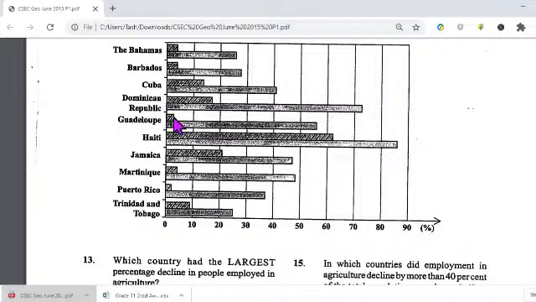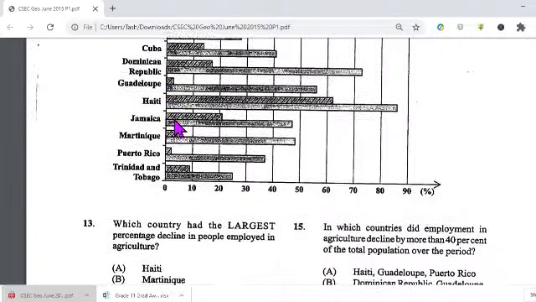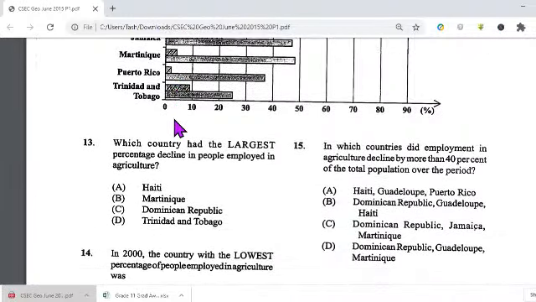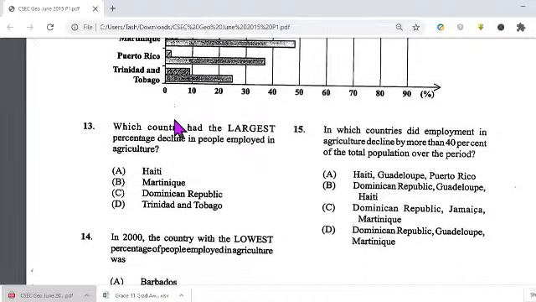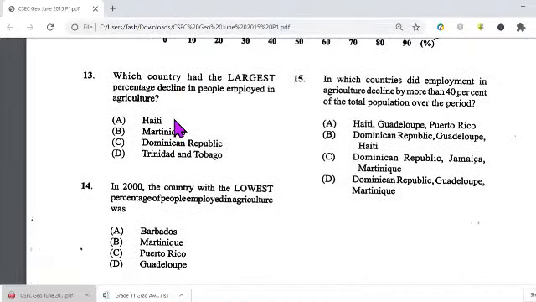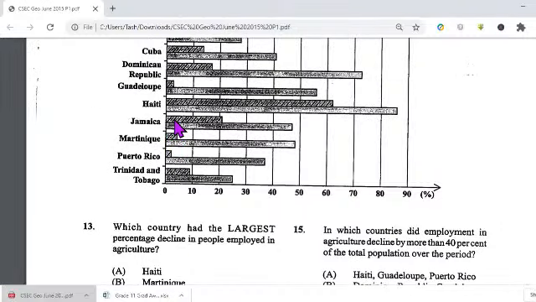So Guadeloupe looks very, very small. Lowest percentage employed in agriculture. Let's look at the others. Martinique. So Guadeloupe would have been smaller than Martinique.